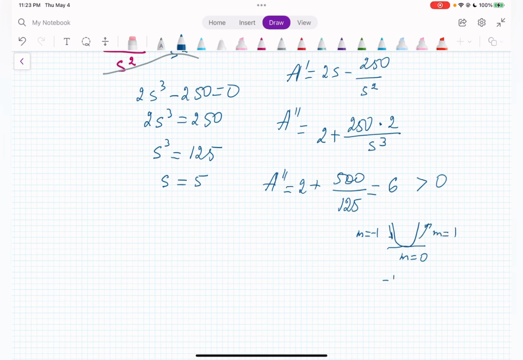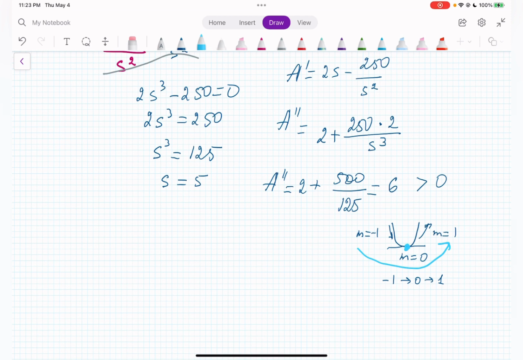So look, -1, 0, +1, which means it's increasing, correct? Concaving up. Therefore, this point is a minimum. So s equal to 5 is providing our minimum.